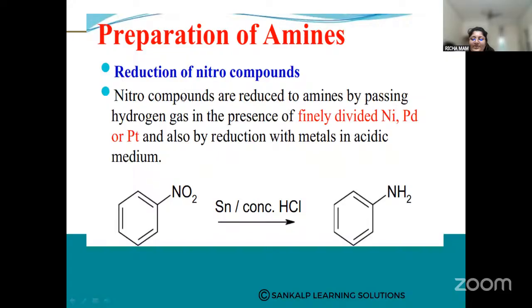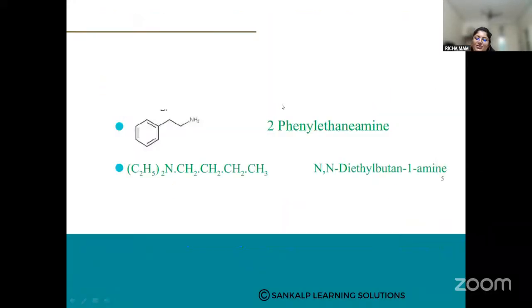So next we will see, before going to the preparation of amines, let us first see the structure of amine. So let me write the structure of amine here.